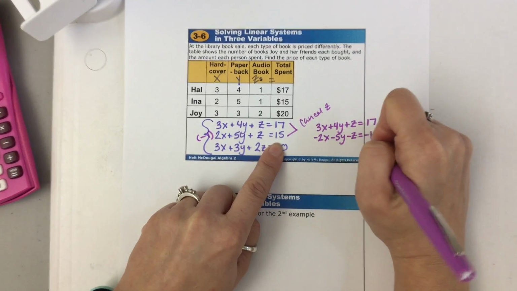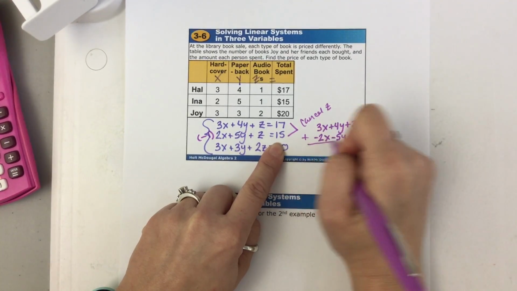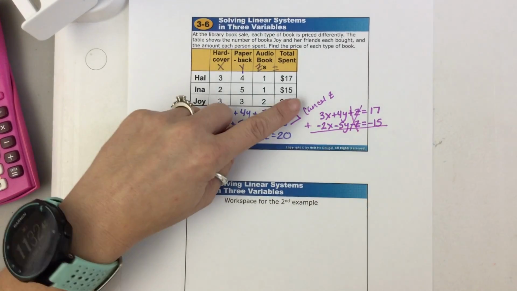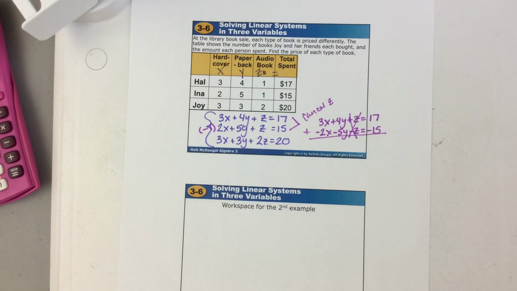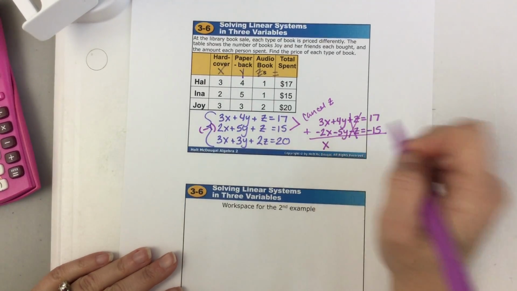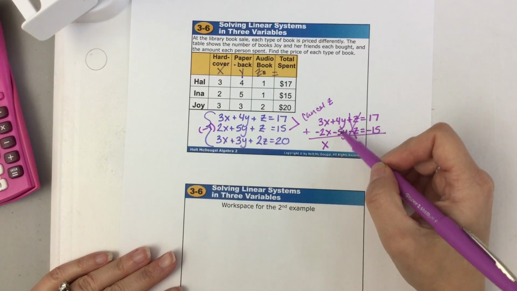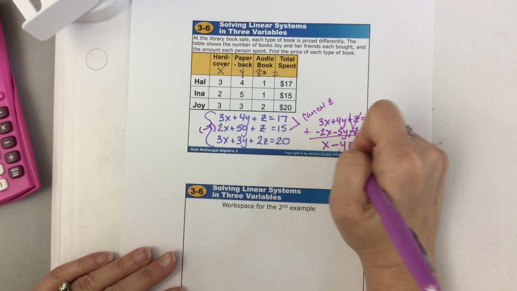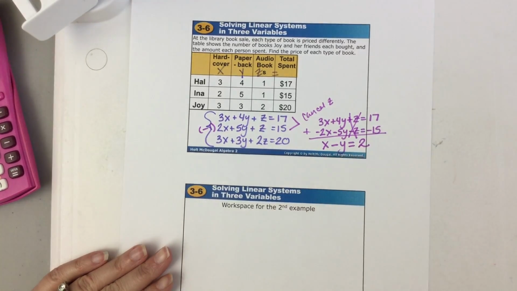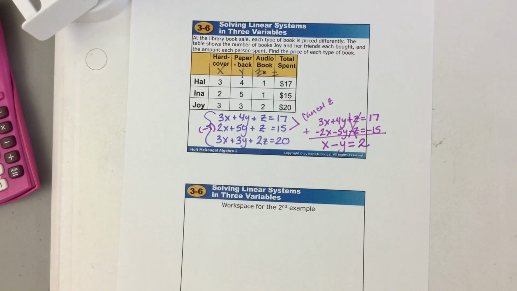Negative 1 times 15 is negative 15. Now when I add them together, I'm canceling the z, and that's what I wanted to do. I picked two equations, canceled z. 3x minus 2x is just 1x. Positive 4y minus 5y is negative 1y. 17 minus 15 is 2. So that's step one. I picked two equations and I canceled a z.